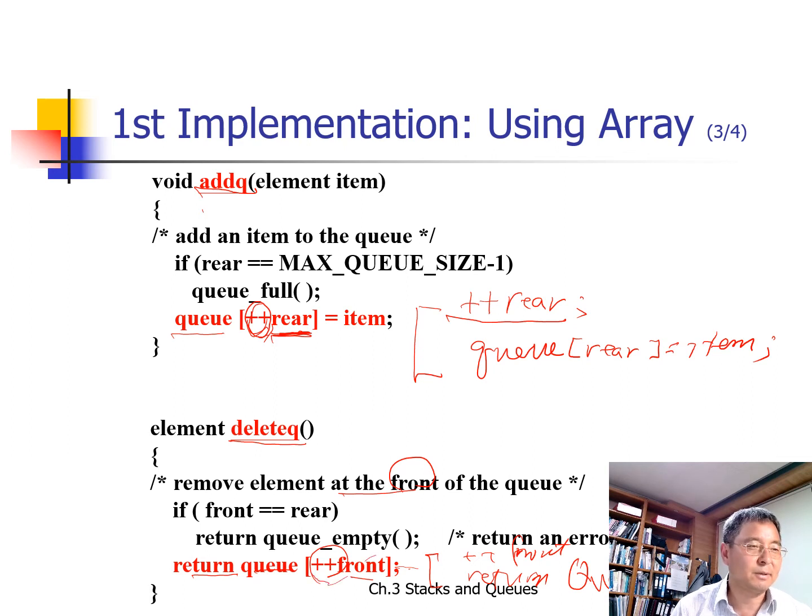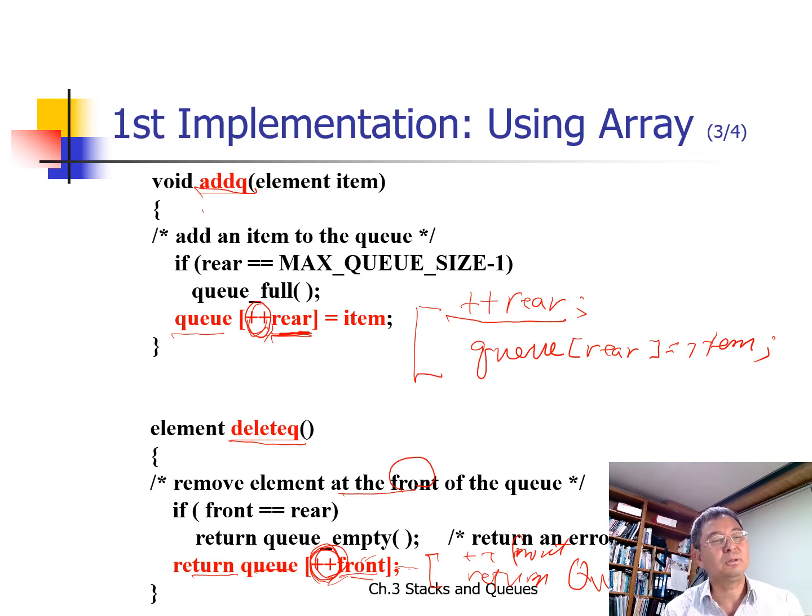This ++front matters because the initial value of front is -1, which points to meaningless data at the start.